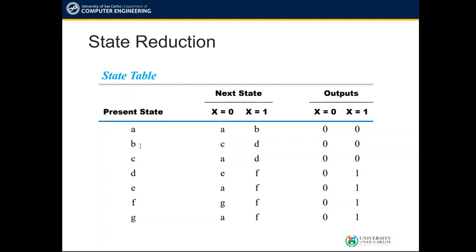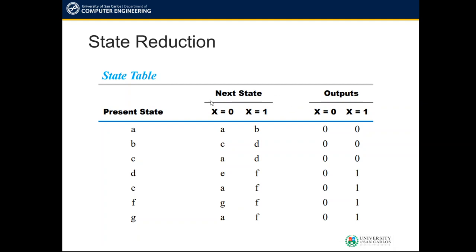For example, state B has the next state of C when the input x is 0, or the next state is D when the input x equals 1.